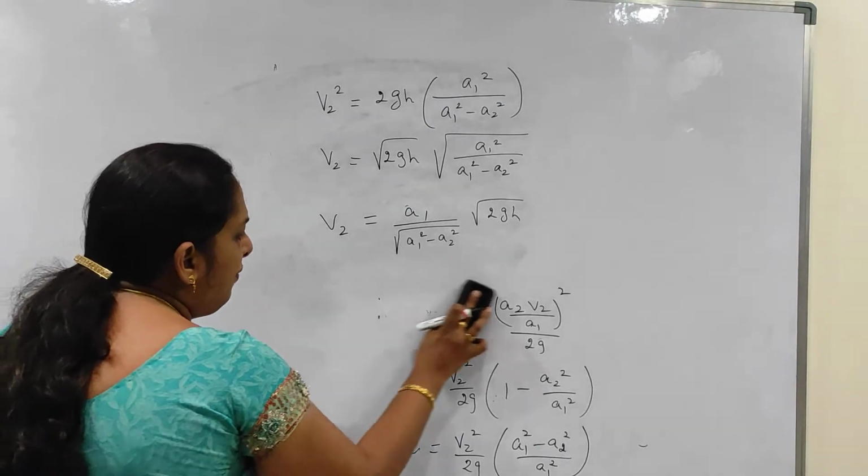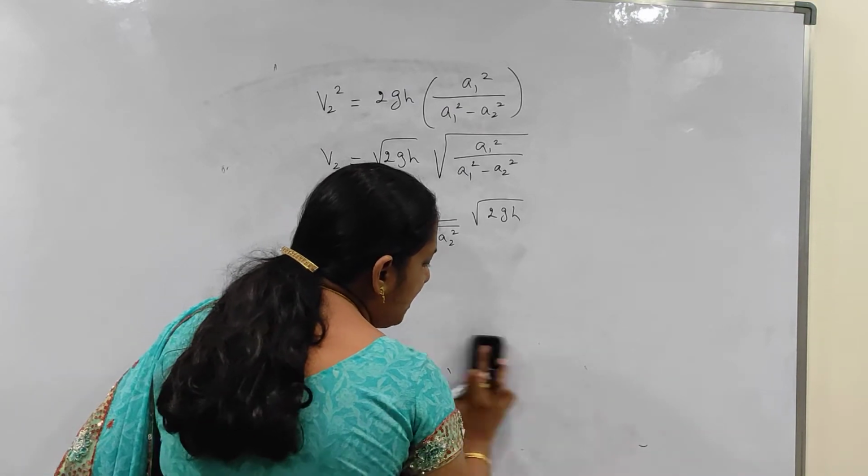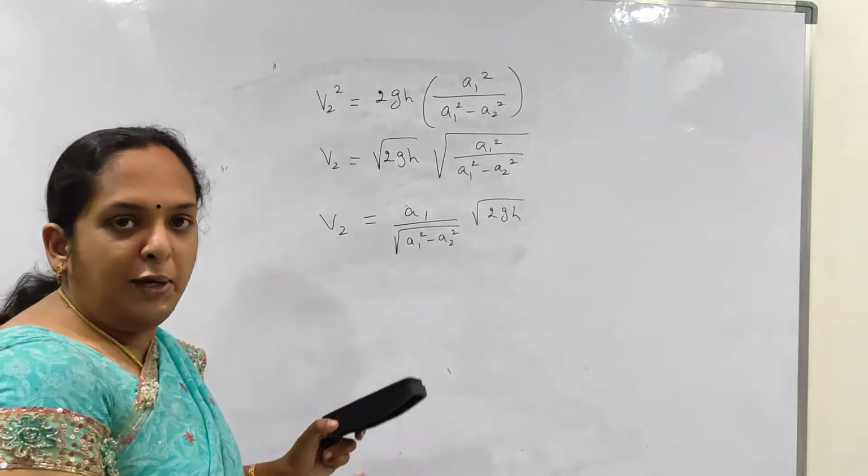Now we know the discharge formula. Discharge is your rate of flow. Q is equal to A2 V2.